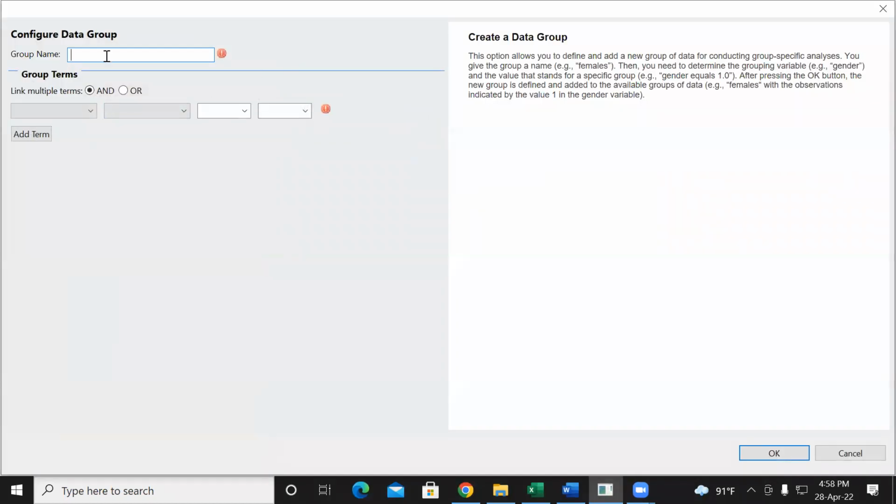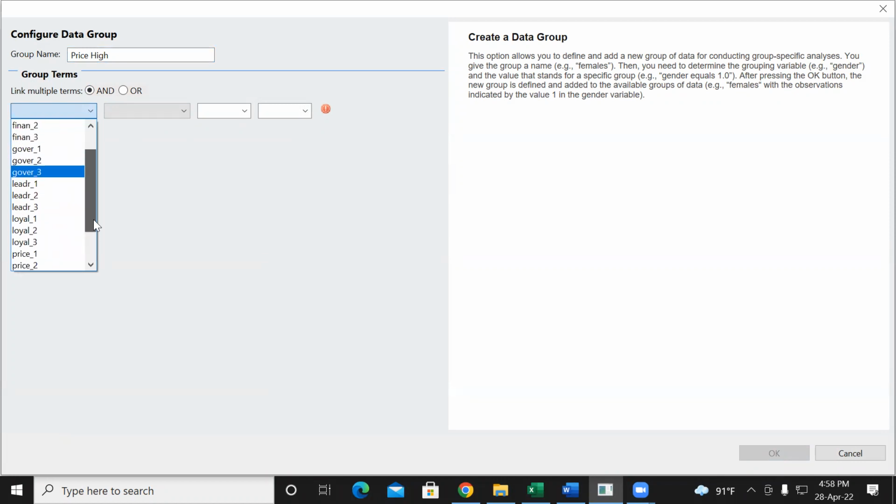I might say, for example, price high. From my existing variable, I can define new data groups. Price high. I select one, not a categorical variable. This continuous variable I can select. For example, price 1.